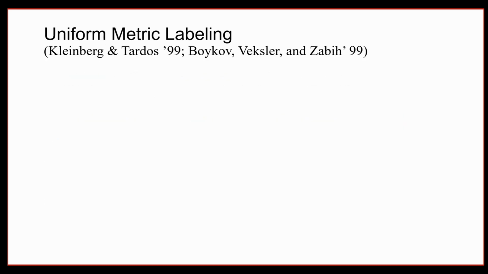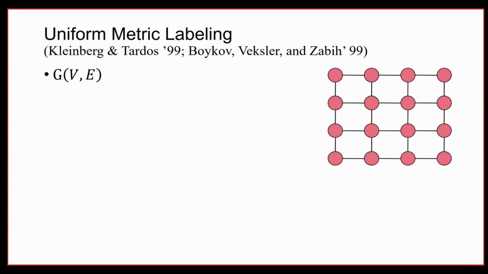So this particular optimization problem, in the TCS literature, is called uniform metric labeling, and it was introduced by Kleinberg and Tardos, I think in a FOCS '99 paper. And independently, it was also introduced by Boykov, Veksler, and Zabih in a computer vision ICCV paper. And here we have a graph with vertices V and edges E. The example which we are looking at is a grid graph, but the actual optimization problem can be any graph.